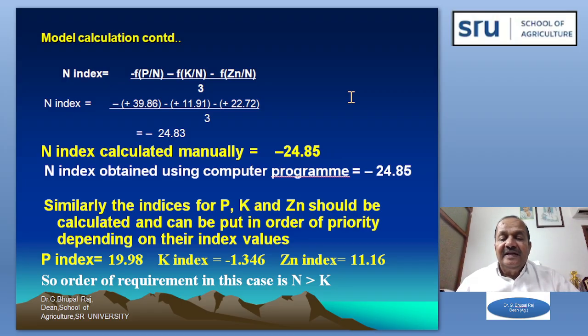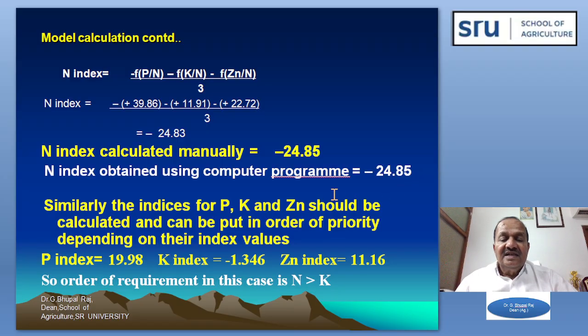If we feed the nutritional values, we directly get the nitrogen index values. The index we got from the computer program is the same as we calculated manually, which means the program developed was sound enough.